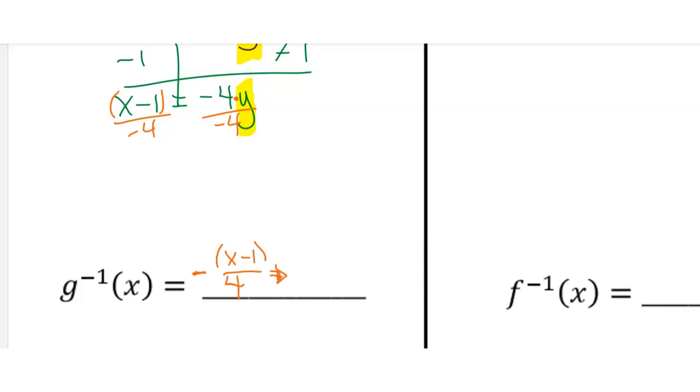Now we're going to separate this one and create two fractions. So we have negative, and the first term is your x divided by the denominator, and then my second term is -1, still having that negative in front, and we simplify.